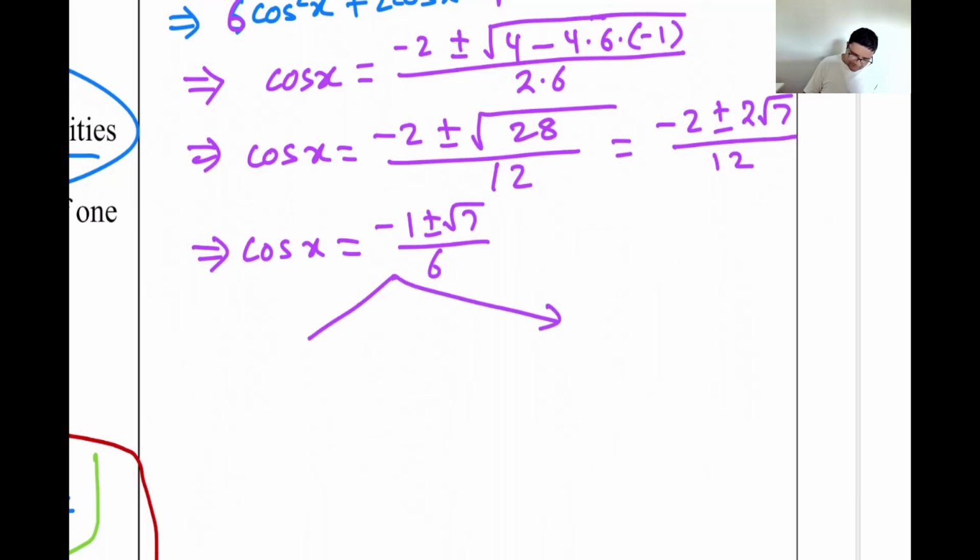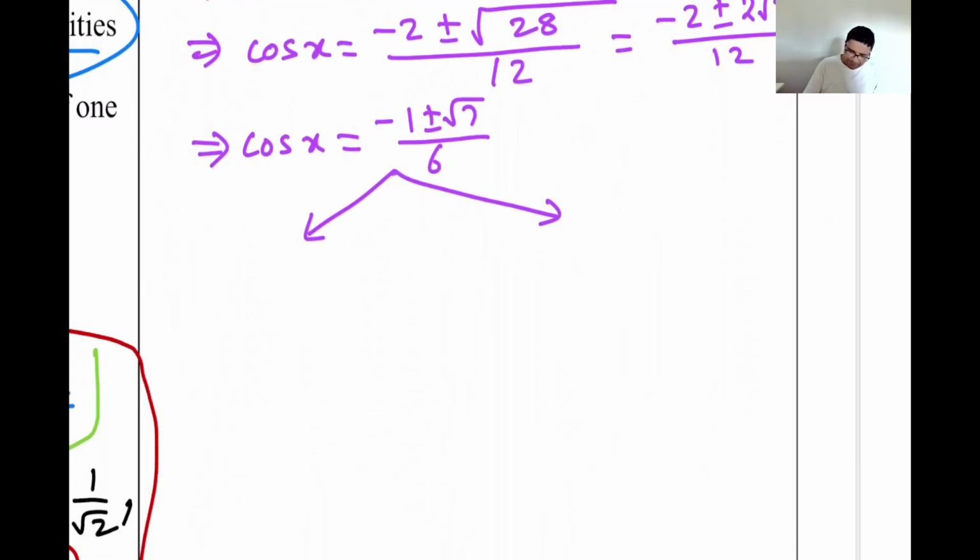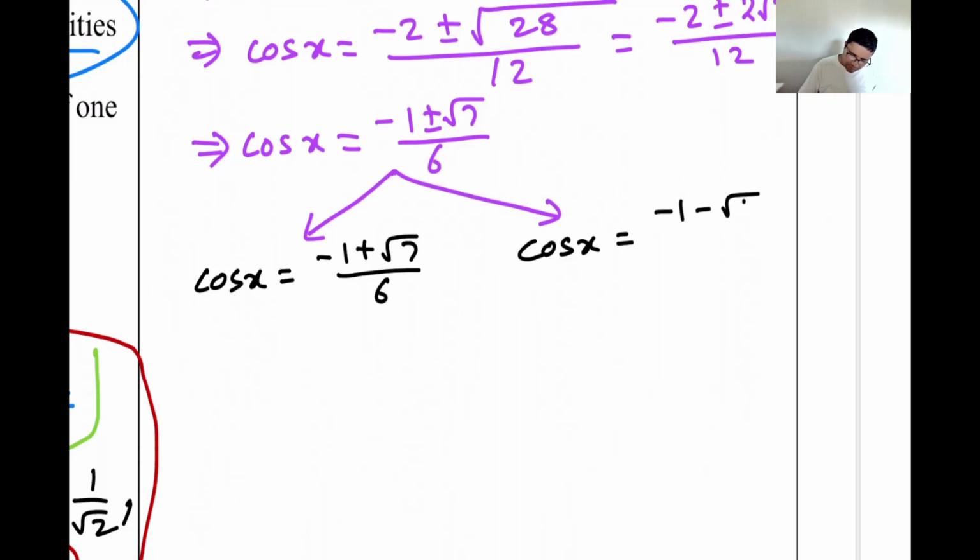I'll separate them out and write. Cos x equals minus 1 plus root 7 over 6, and cos x equals minus 1 minus root 7 over 6. Okay. So from here I can say that x will be cos inverse.